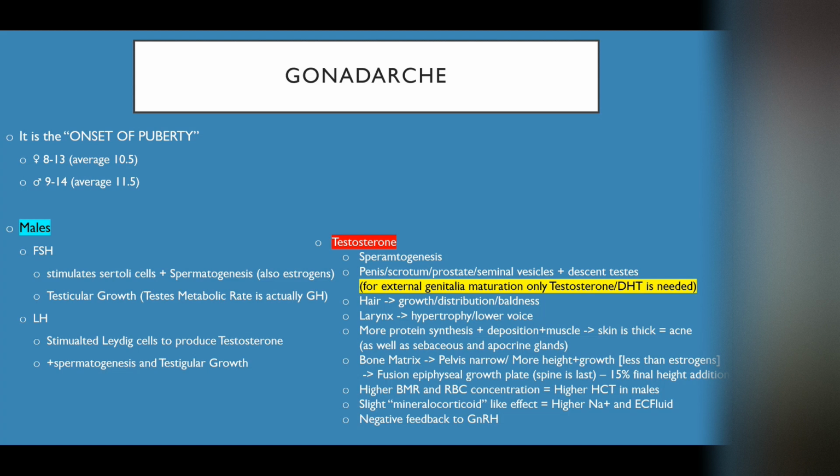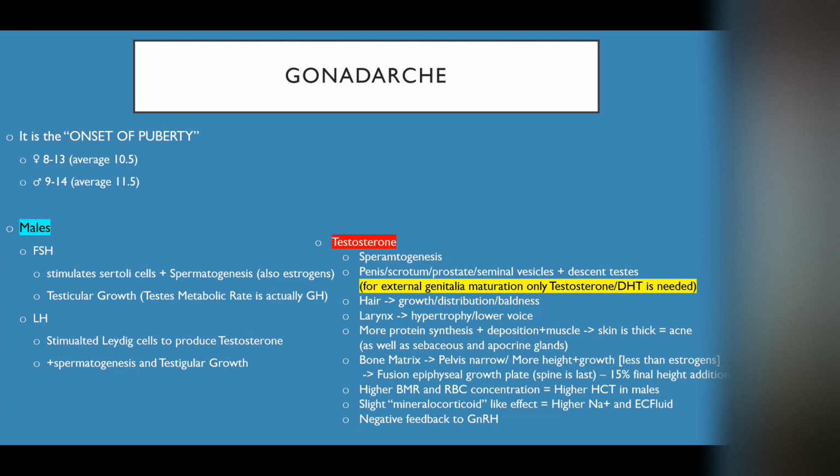Estrogens, good. So estrogens will fuse the bone faster. That's why girls are shorter. You can read this information at home. Honzik likes to ask which bone fuses last. That's the spine. And he likes to ask what percent of the final height is added by the spine. That's 15%. Honzik likes to ask this.